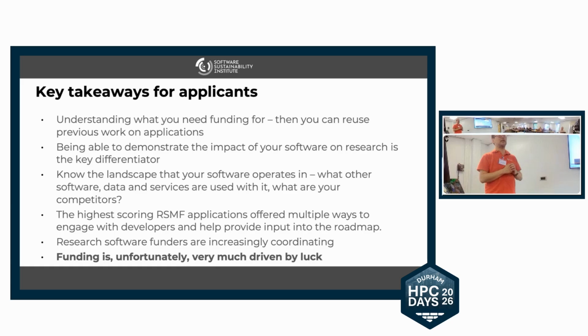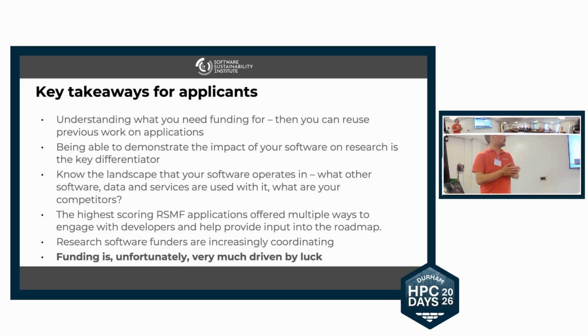The ones that did rank lower in the Research Software Maintenance Fund failed to convince the reviewers of what the impact on research was. It was great software, there was impact, but could you show that it really was helping produce either world-leading research or research that really underpinned a lot of society?